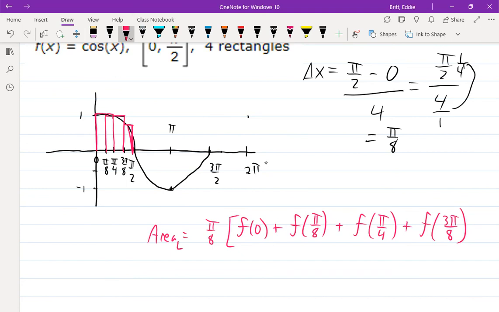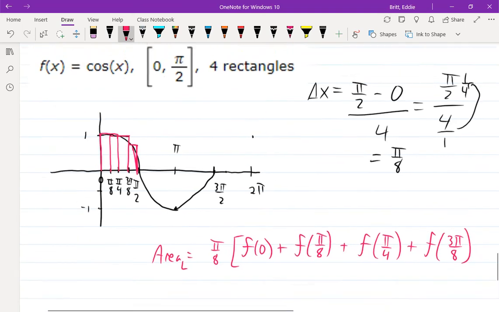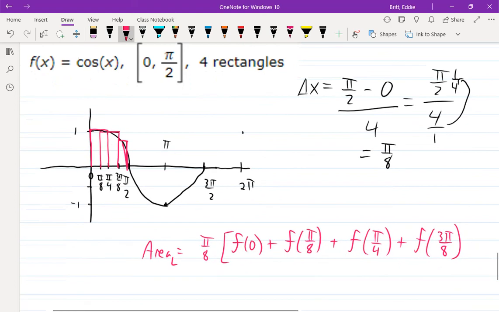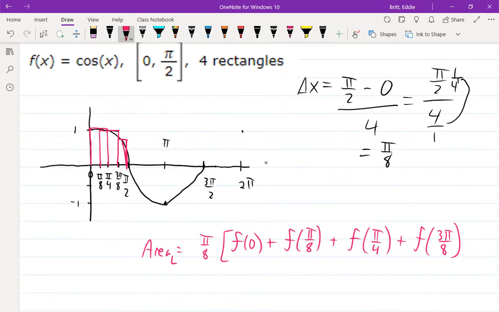Now remember, whenever I say f of, that means I have to plug that value in for cosine. So while you may not have trouble finding cosine of 0, you're probably going to have trouble finding cosine of pi over 8.